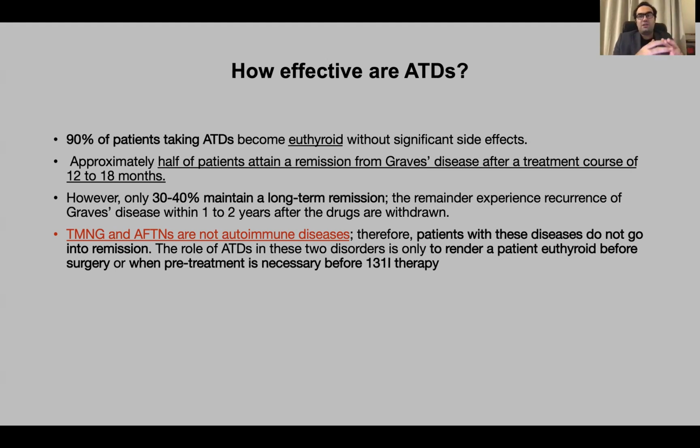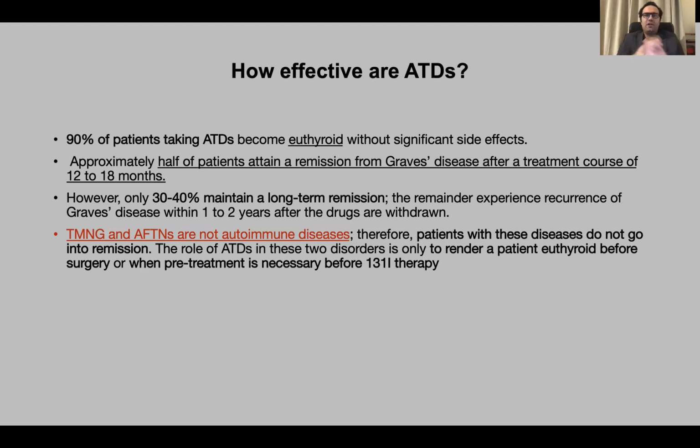And after a long-term treatment, we will stop the drug, but counsel the patients that they may have a recurrence of Graves' disease, because it is an autoimmune disease and this drug was just suppressing the symptoms, suppressing it clinically, biochemically, and to some extent immunosuppressing the autoimmune disease. But we do know that around 30 to 40% will maintain a long-term remission, and the remainder will experience a recurrence. And in that recurrent case, we have to go to the definitive therapy, that is the radioactive iodine therapy in most cases, and in some cases, surgery.